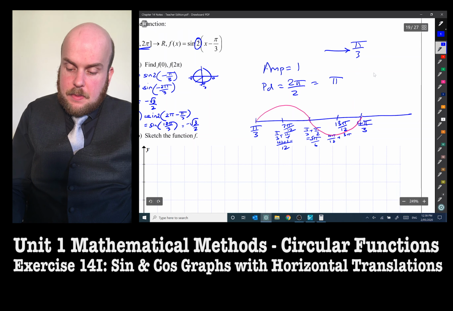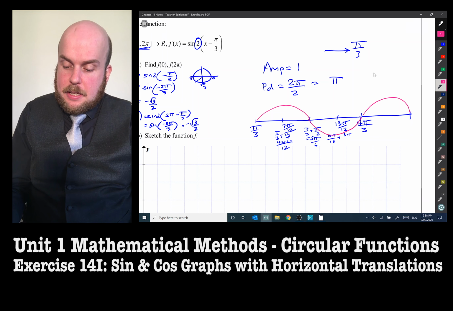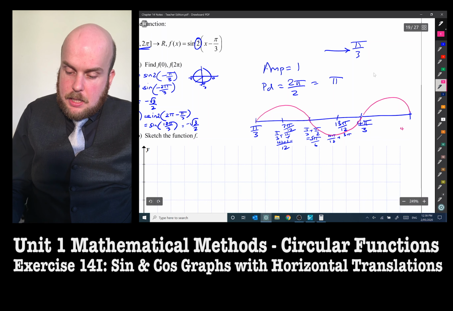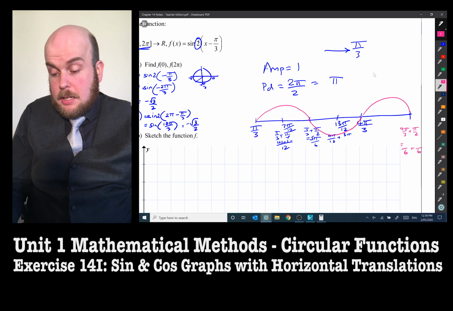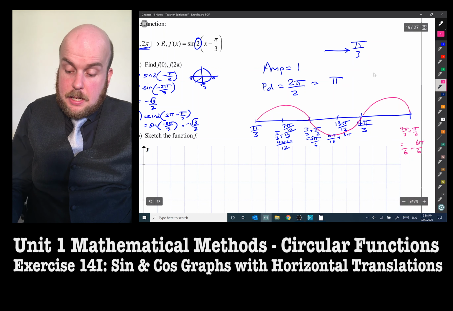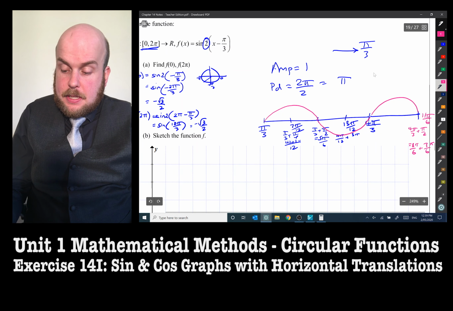So we can go another halfway, so where will that end up? 4π/3 plus another π/2 is going to make that 6ths plus 6ths, so that's 8π plus 3π, which is going to be 11π/6.